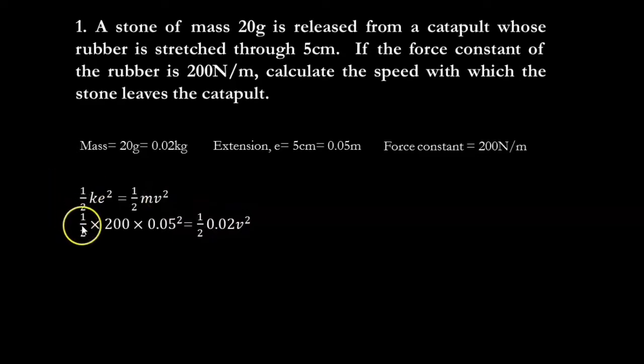This 1/2 can cancel out this 1/2. So we have 200 multiplied by 0.05 squared to give 0.5. And this is equal to 0.02 v squared.